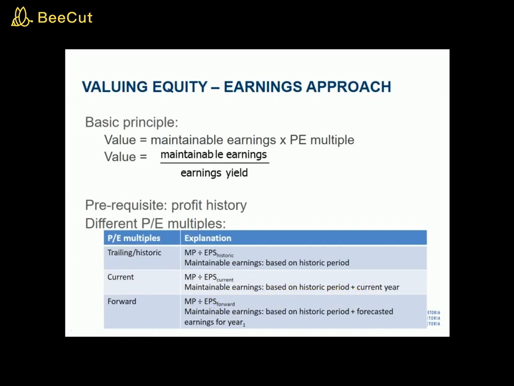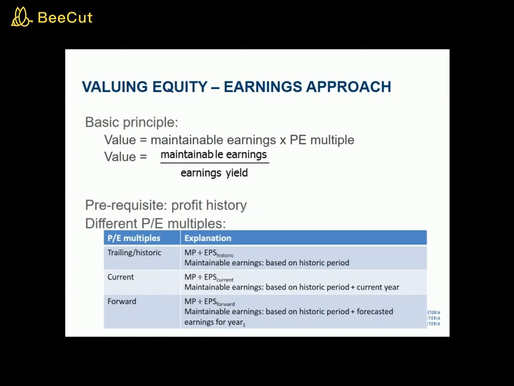So if you're now halfway through the year, you have a forecast for 6 months, or you've got an actual result for 6 months. You can then forecast the remaining 6 months of the year to be able to get a current earnings figure. That's what the earnings is presently in that particular company, and we can use that to determine a current PE multiple and a current earnings approach.